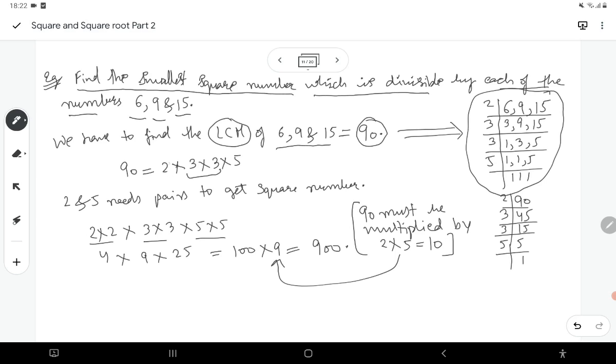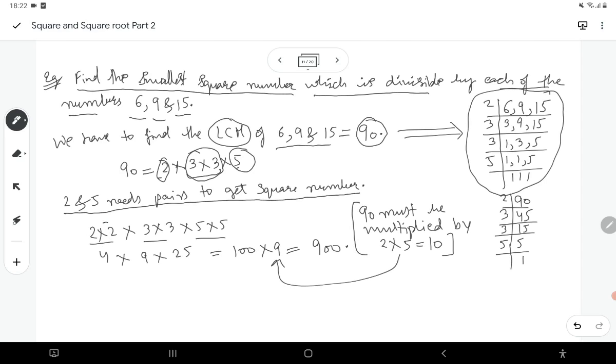So the LCM comes out to be 2 multiplied by 3 multiplied by 3 multiplied by 5. Here 3 has a pair, but 2 and 5 do not have a pair. So if 2 and 5 get a pair, then the number thus formed would be a square number.